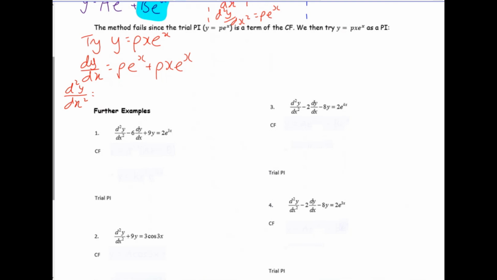For d squared y by dx squared, differentiating p e to the x stays the same, and differentiating px e to the x we've just done, so I'm just going to write that down the same thing. And you can simplify this to be 2p e to the x plus px e to the x.